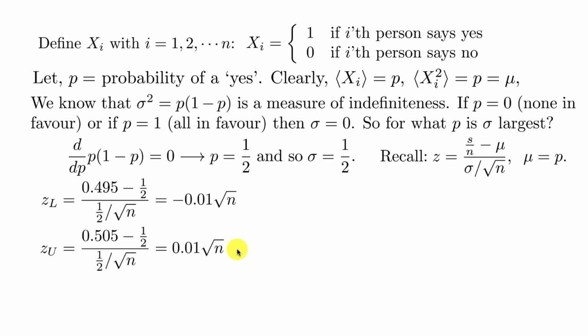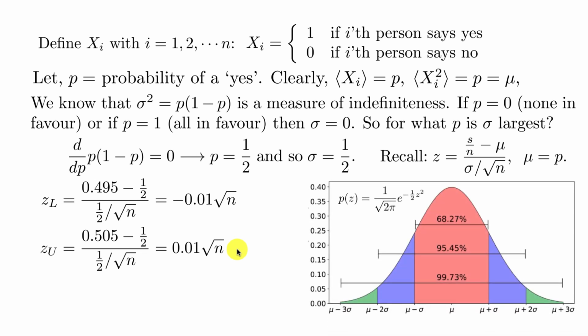Basically, we have this situation. So mu, which is half, is over here. We want to see what is the probability that z lies between here and here. So that's 2 standard deviations on each side. That's the 95% confidence level.